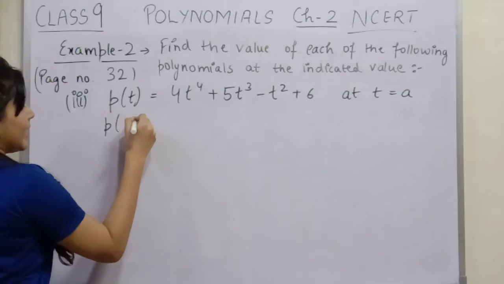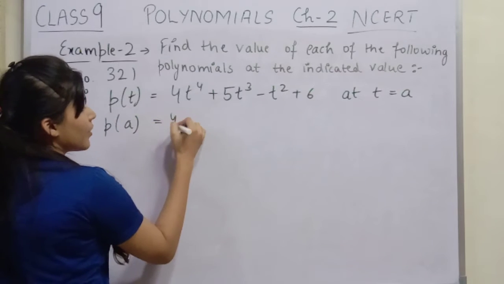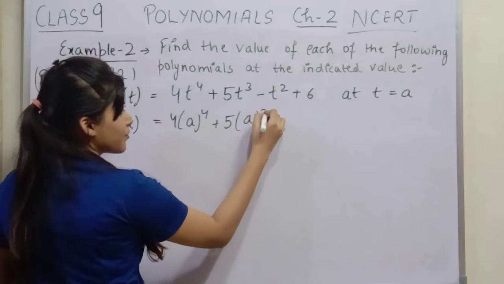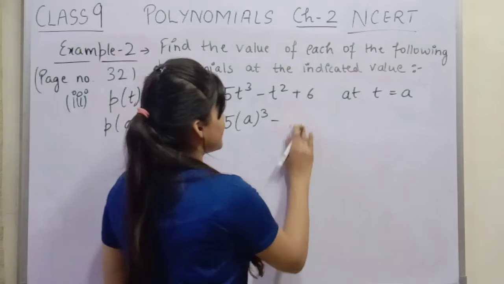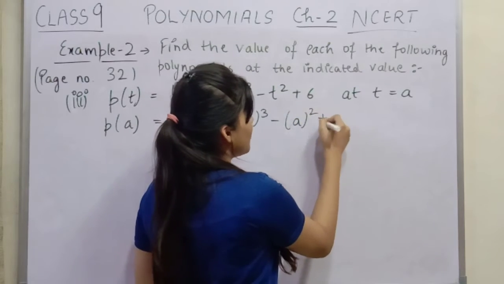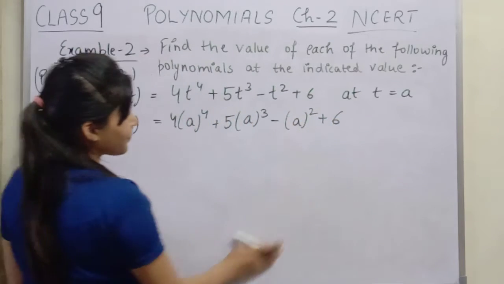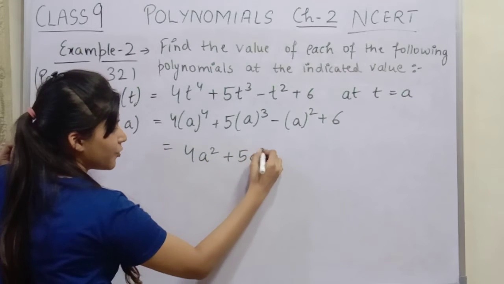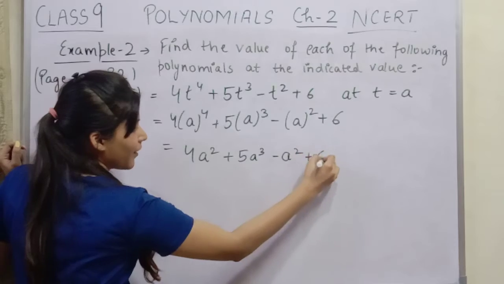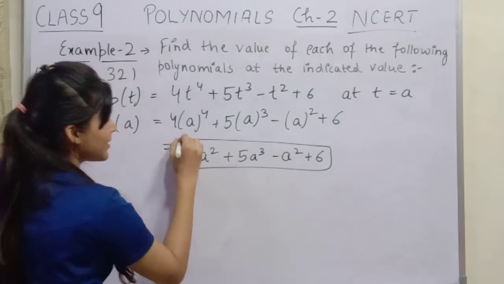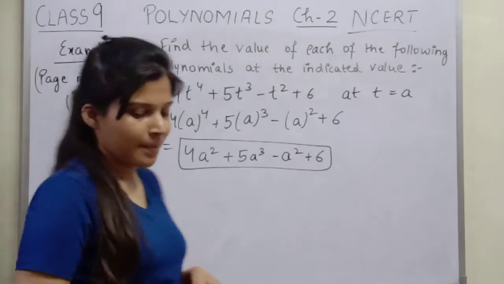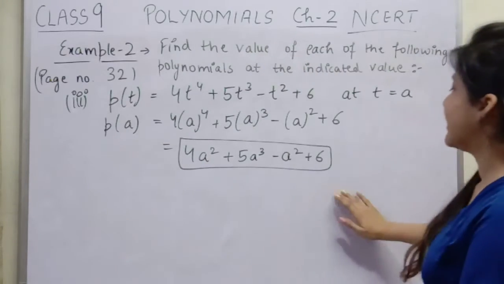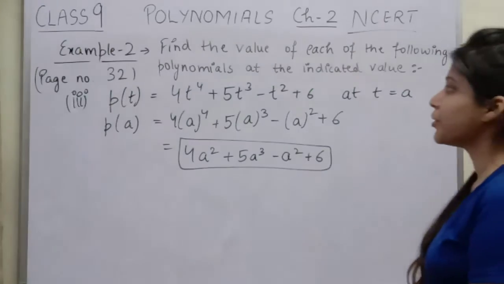So p(a) equals 4 as it is, a raised to the power 4, plus 5 as it is, a raised to the power 3, minus a raised to the power 2, plus 6. Now this would be 4a to the power 4 plus 5a cube minus a square plus 6. This is the answer because we cannot solve it further. Yes, so this is our answer for part number 3.